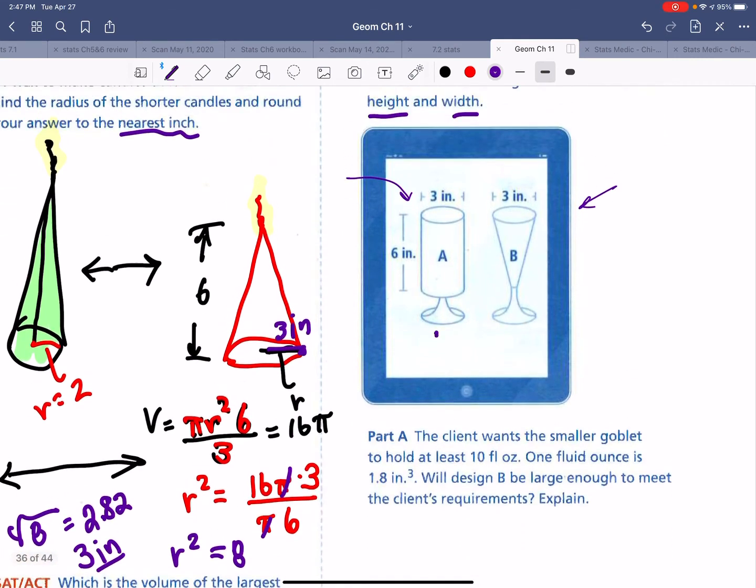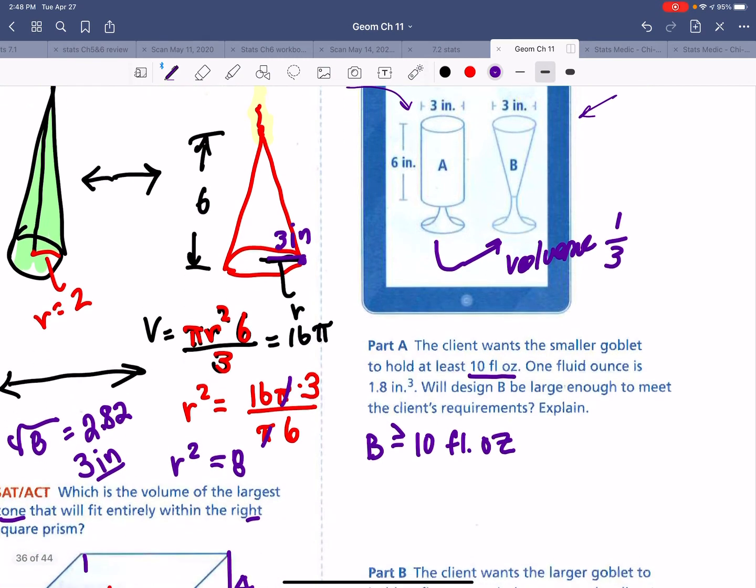So we know this volume is a third, or A is 3 times bigger. The client wants the smaller goblet to hold at least 10 fluid ounces. So B to hold greater than or equal to 10 fluid ounces.